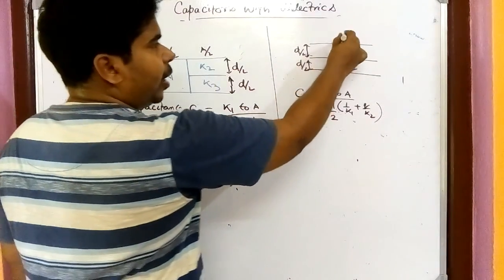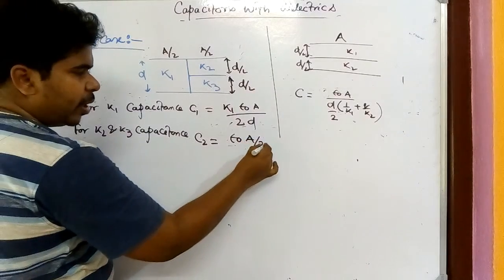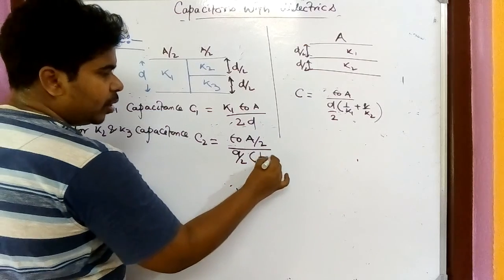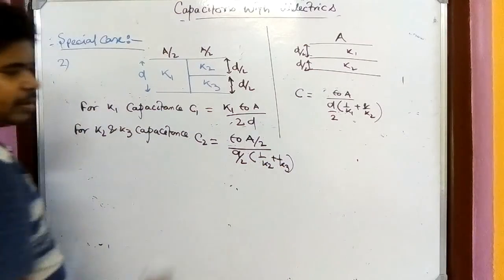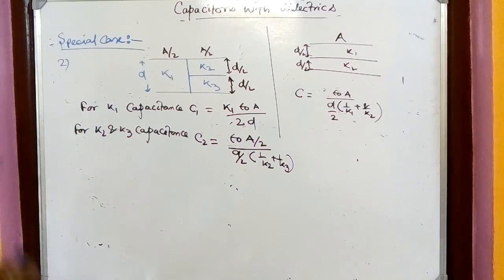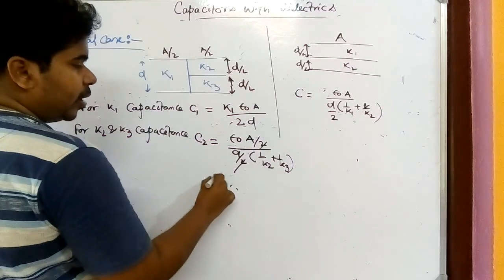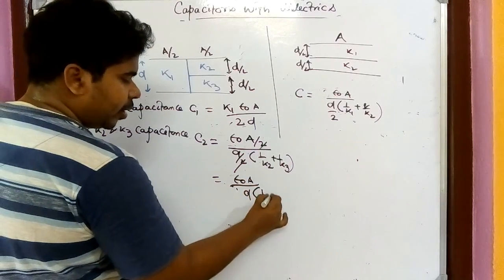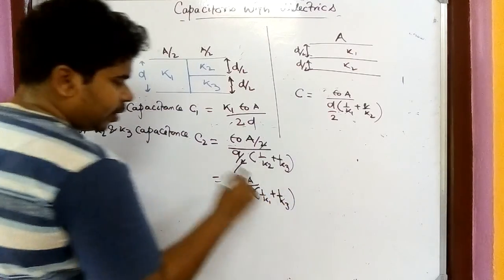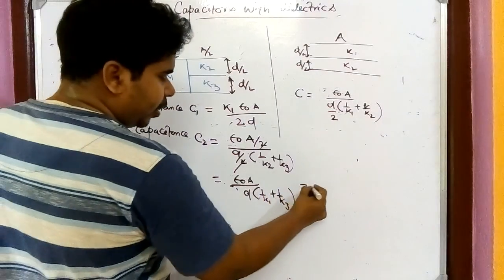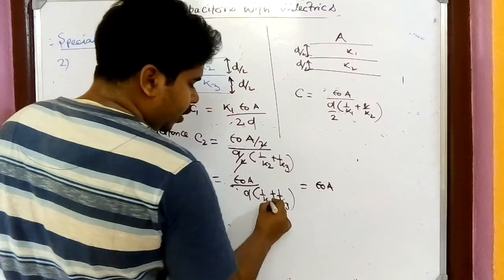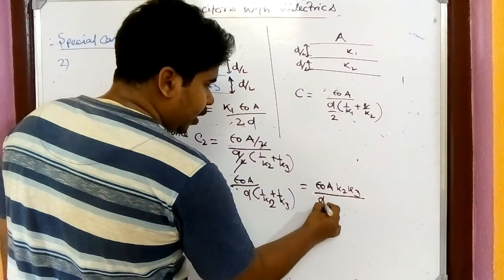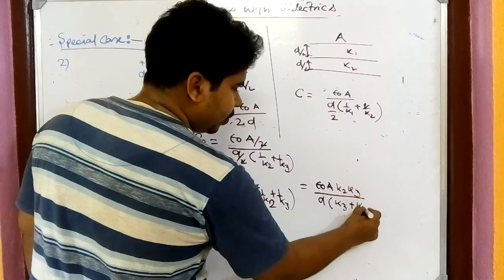Here it is totally A, but now it is A by 2, so it is A by 2 by d by 2 into 1 by K2 plus 1 by K3. Now you see 2 cancels out, that is epsilon naught A by d into 1 by K2 plus 1 by K3. Okay, so if you multiply, you can write it here that epsilon naught A, K2 into K3 by d into K3 plus K2.